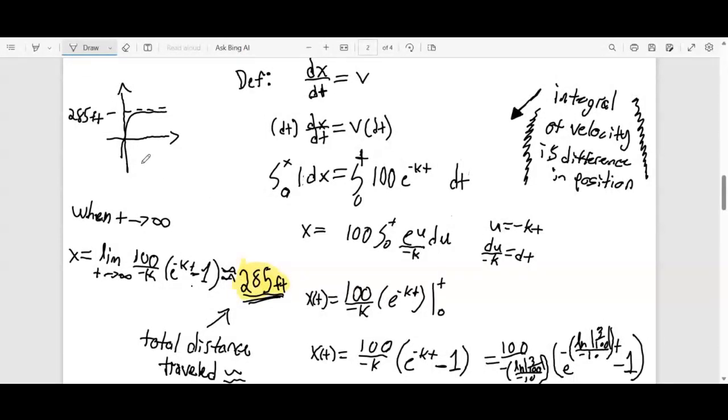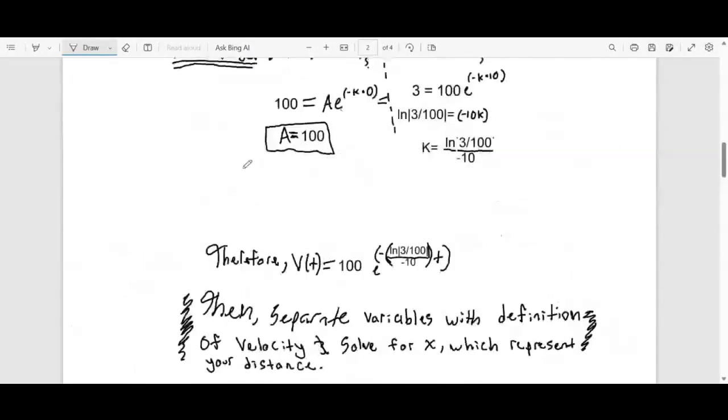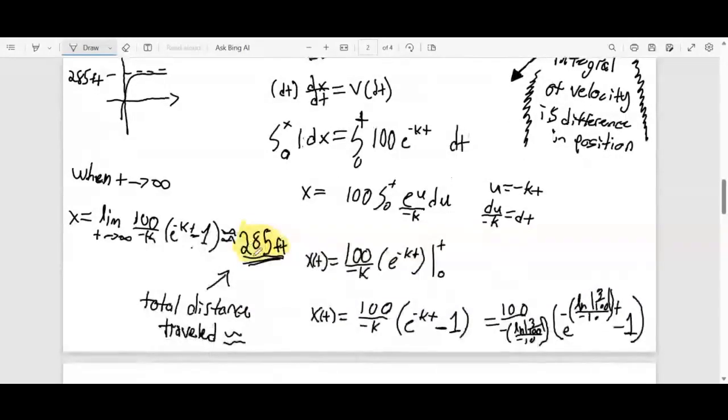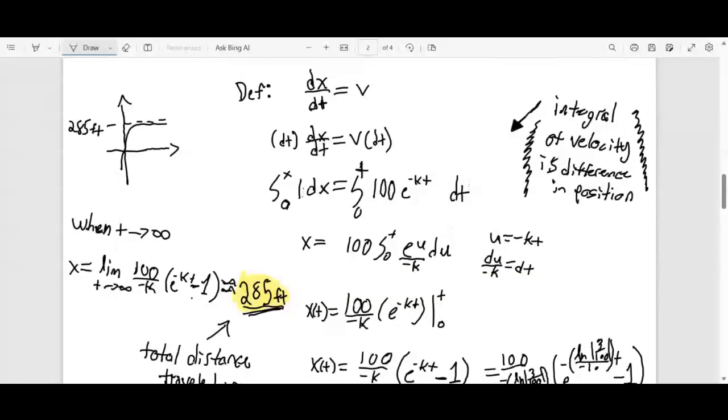Okay, if I take the limit as t approaches infinity of the integral that I just found for the velocity function we came up with, then I'll have that the total distance traveled is 285 feet. But it is a tricky situation, because in certain situations you just can't go by that.